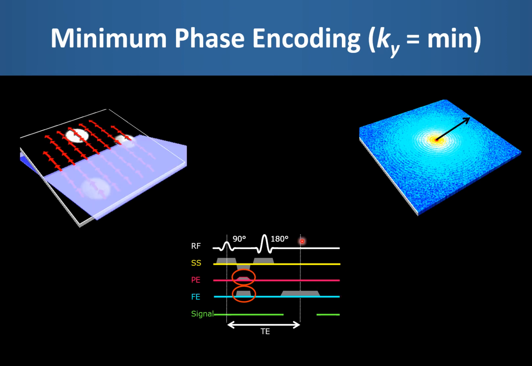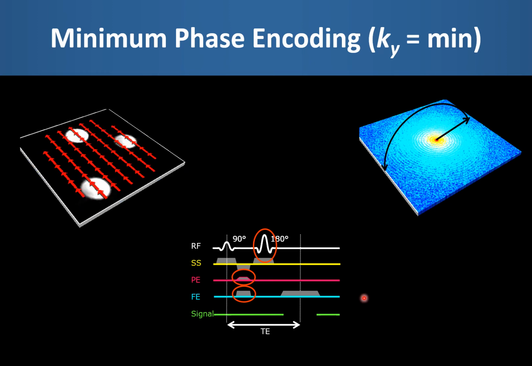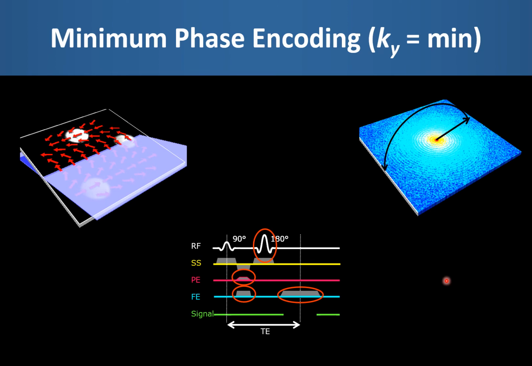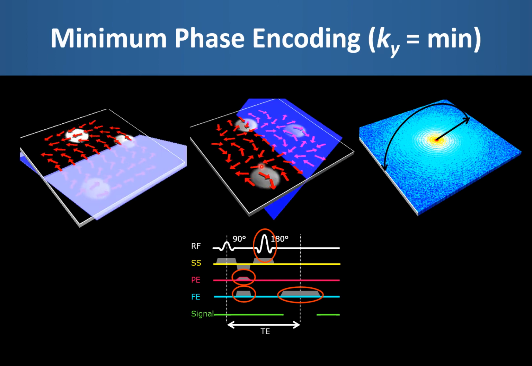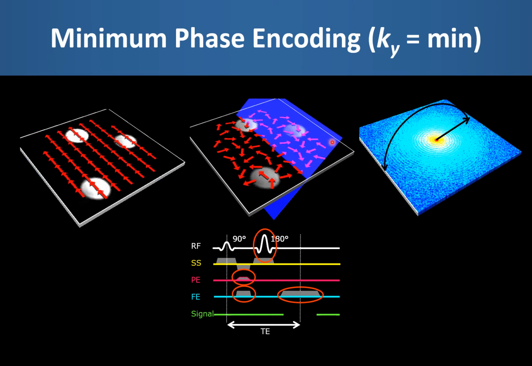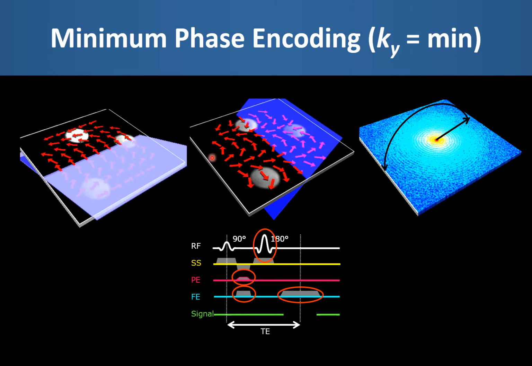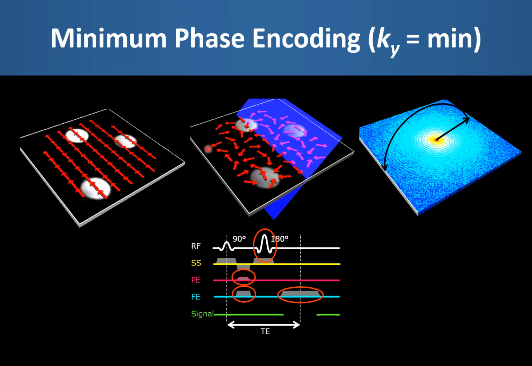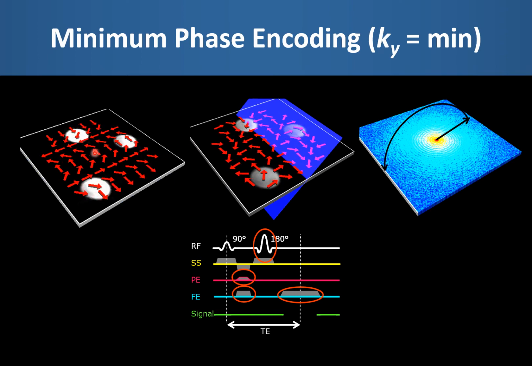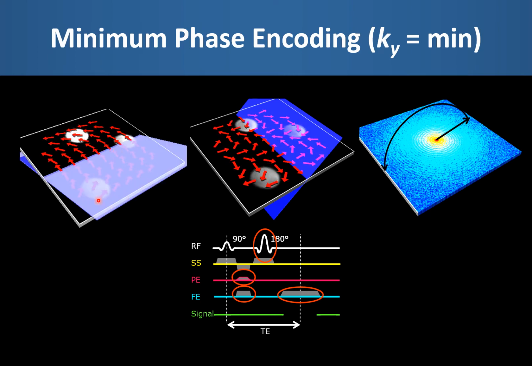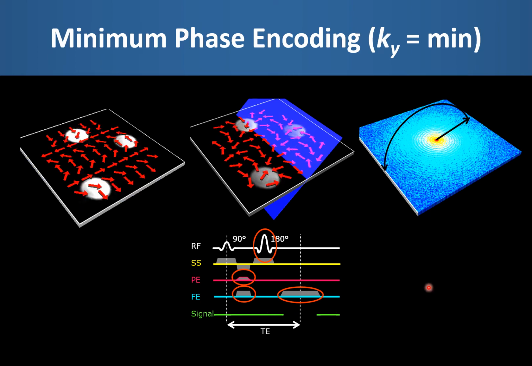The 180-degree pulse will then flip the spins over to the other side, and then we will play out the frequency encoding gradient again, but this time the spins have this retained phase variation induced by the phase encoding gradient.